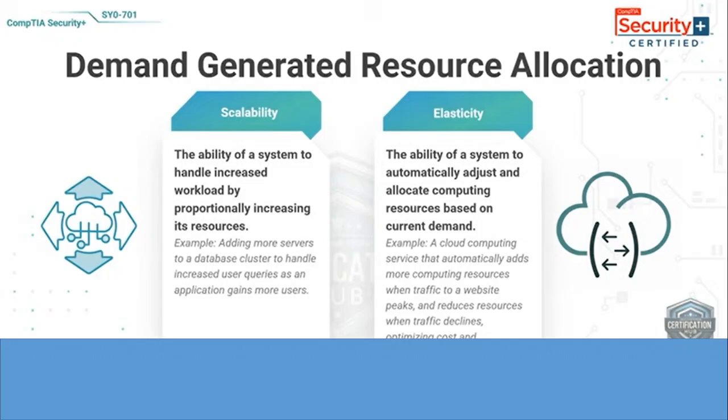The ability of a system to automatically adjust and allocate computing resources based on the current demand. A cloud computing service automatically adds more computing resources when the traffic to a website peaks and reduces the resources when the traffic declines. So it is basically depending on optimized cost.